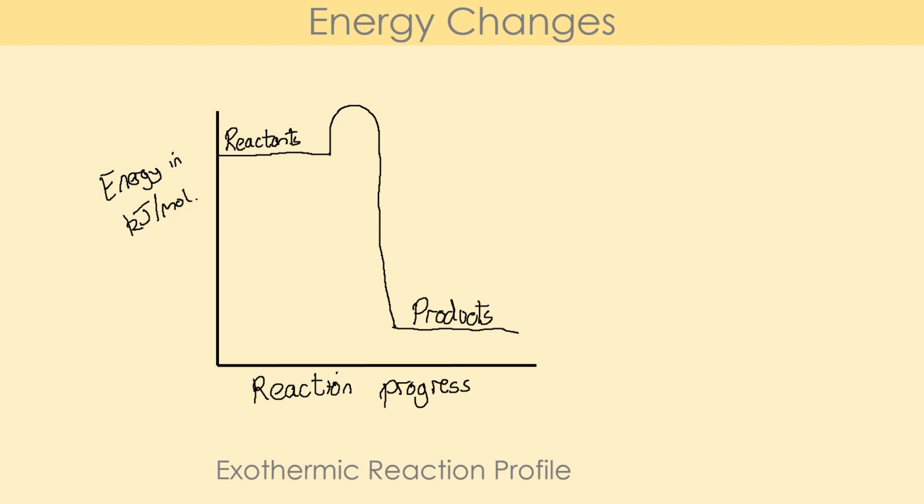We've got a couple of things we need to add to this. So we get a line going from in line with our reactants to the top of this peak. This line here is something called our activation energy. It is something you have met before. We've looked at rates of reaction.